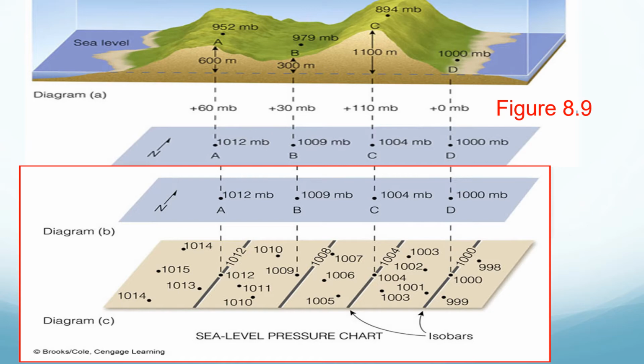If you look at picture A, city A has a station pressure of 952 millibars, and city A is 600 meters above sea level. Adding 10 millibars per 100 meters to its station pressure yields a surface pressure of 1012 millibars. In picture B, the station pressures are all adjusted to sea level.